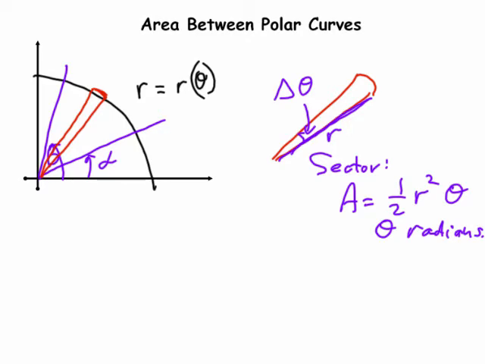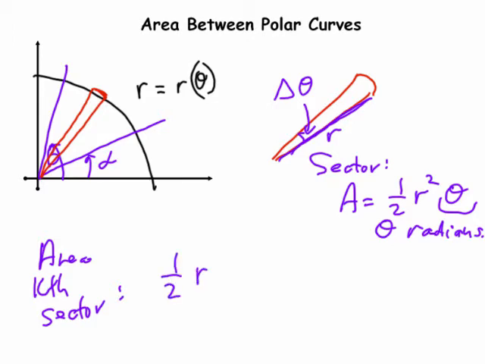You see the comparison to when we did rectangles, where we took a change in x to represent the width of rectangles. The change in theta represents the change in the angle. So the area of our kth sector will be, applying our formula, 1/2 r squared times the change in theta.